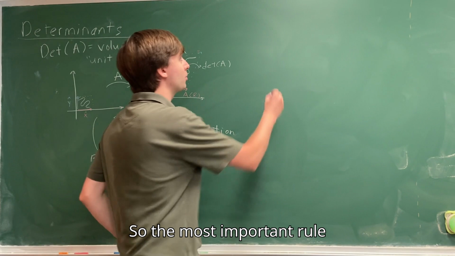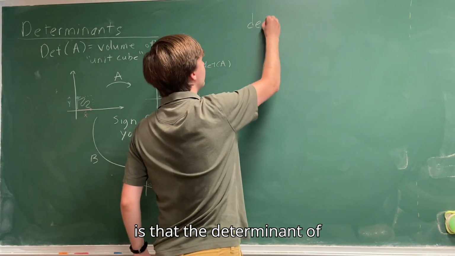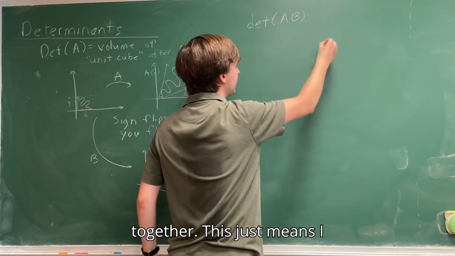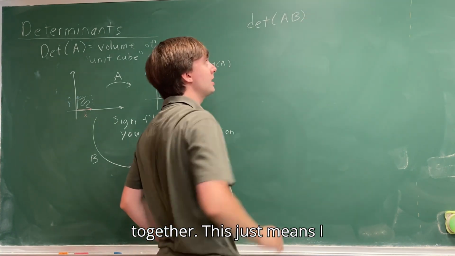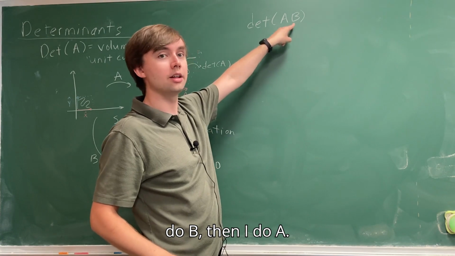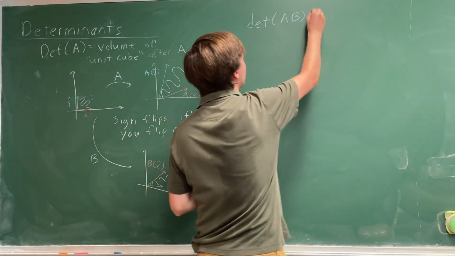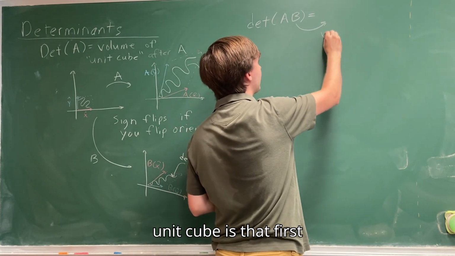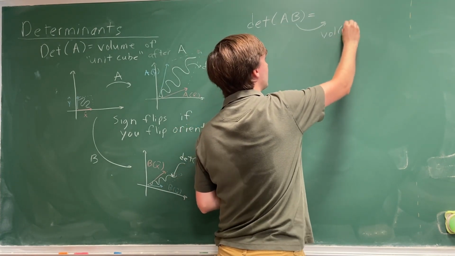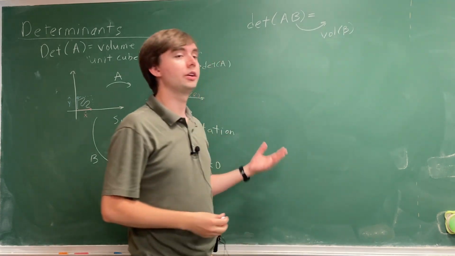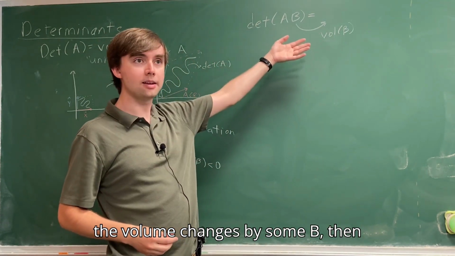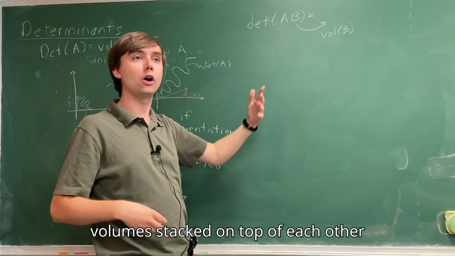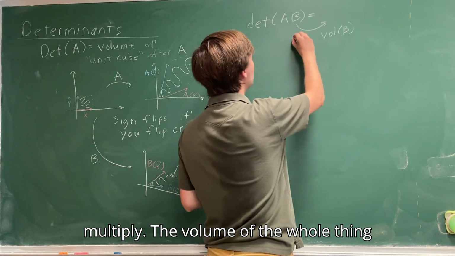So the most important rule is the determinant of two linear transformations multiplied together. This just means I do B, then I do A. So what happens to the volume of my unit cube is that first, the volume changes by some B. Then I'm going to change it again by A. Those volumes stacked on top of each other multiply.